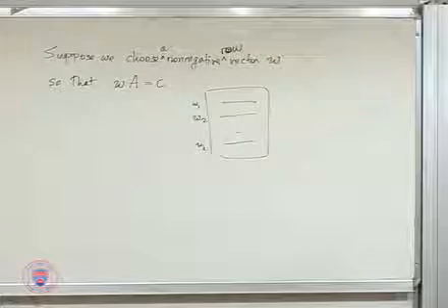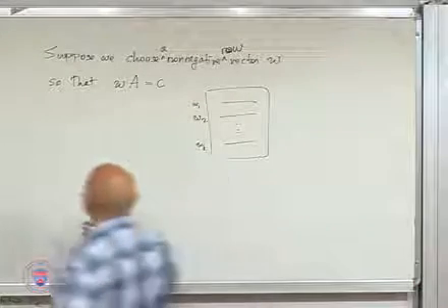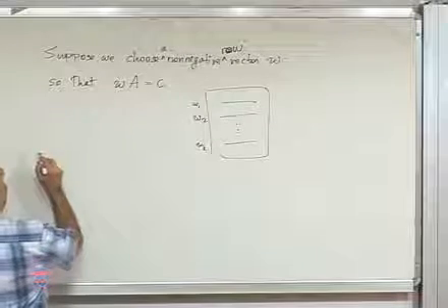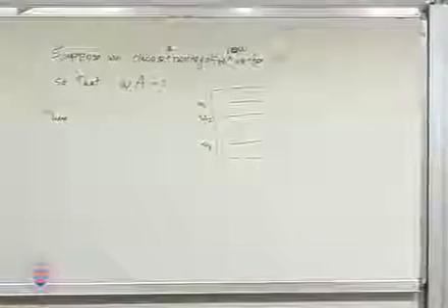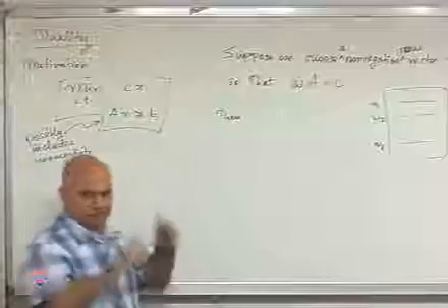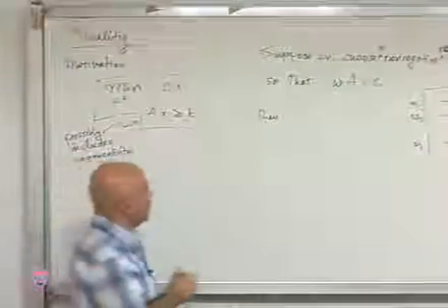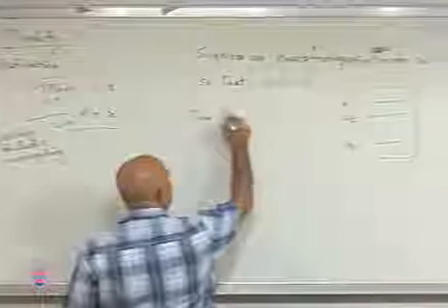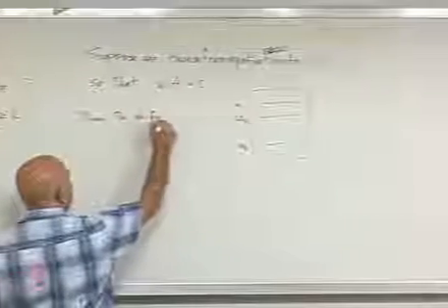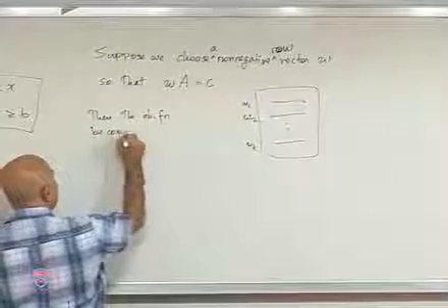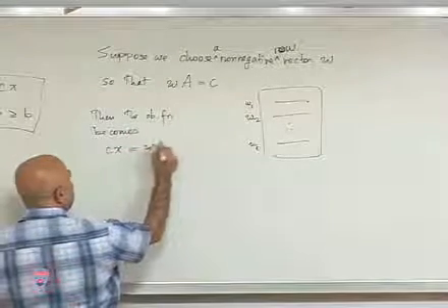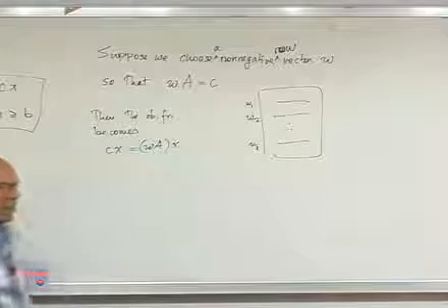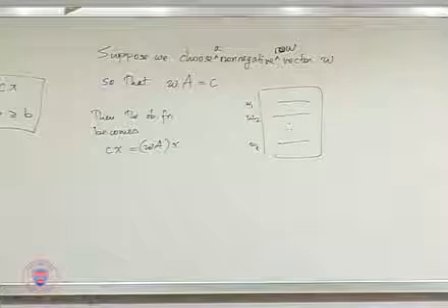Okay? Then we may use, in place of C, WA in the objective function. So Cx becomes WA times x, because I expressed my C in terms of the rows of A.